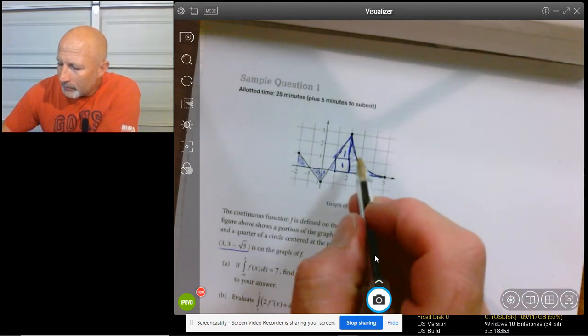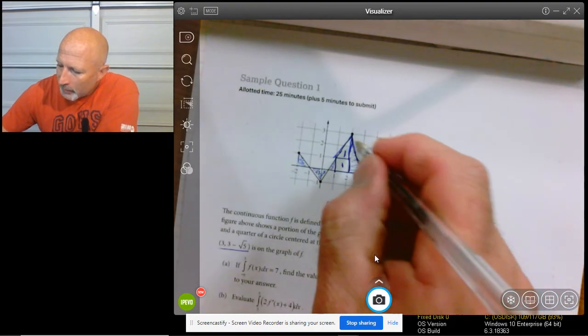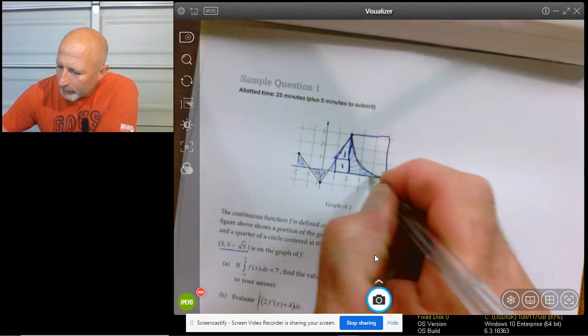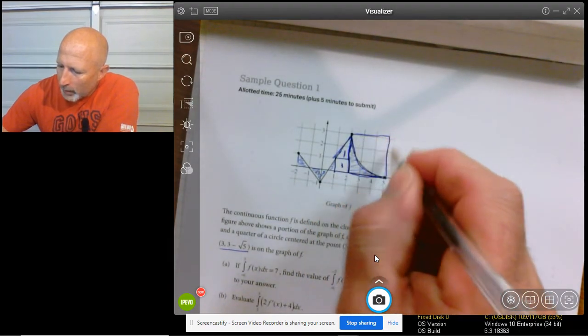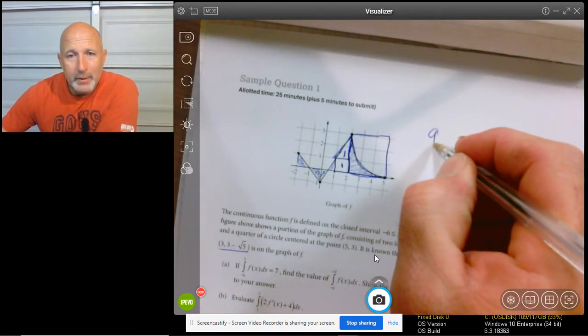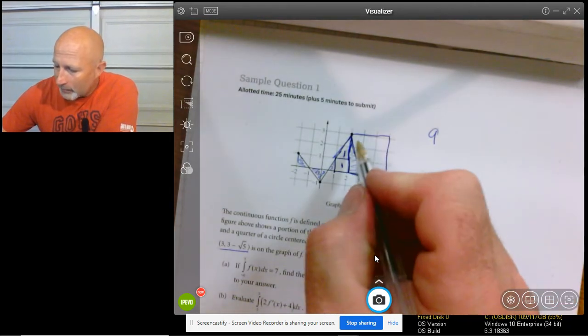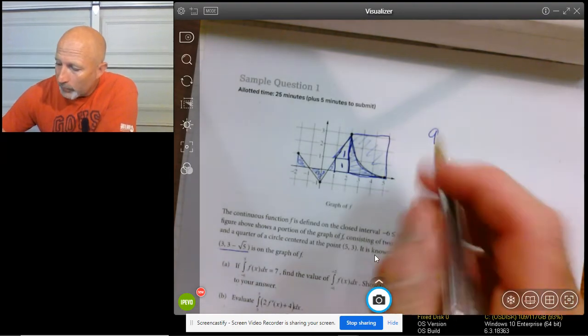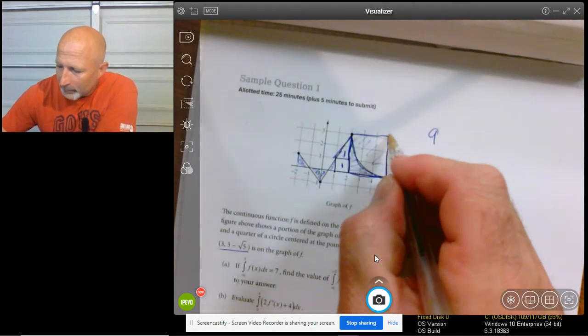But I do know that this is a quarter of a circle, right? So if I trap this with a square, this square's area is 9. But I don't want all the area. I want to take away this portion of it. Well, that is a quarter of a circle with the radius 3, okay, because that'd be the center.